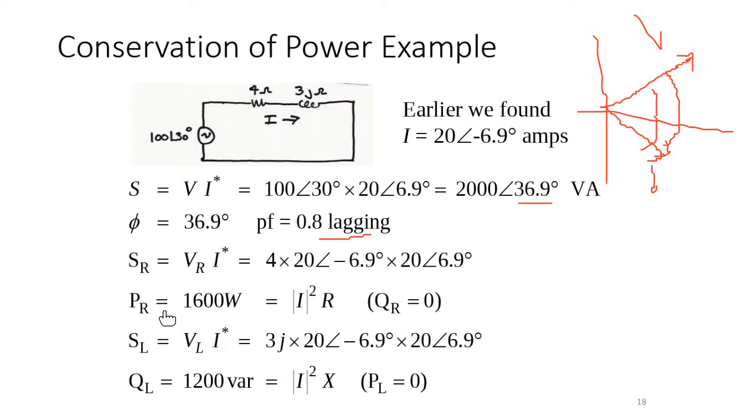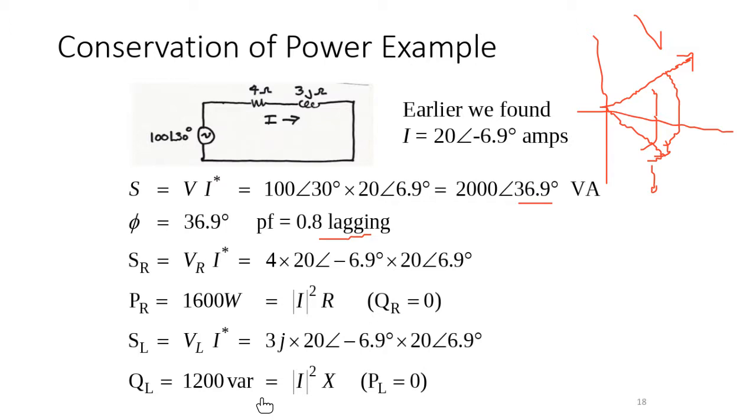Okay, and then you will just calculate the power, the S and the Q. Q is 1200 var, volt ampere reactive. Always, the units are important when you write them. Please don't miss marks just because of these.